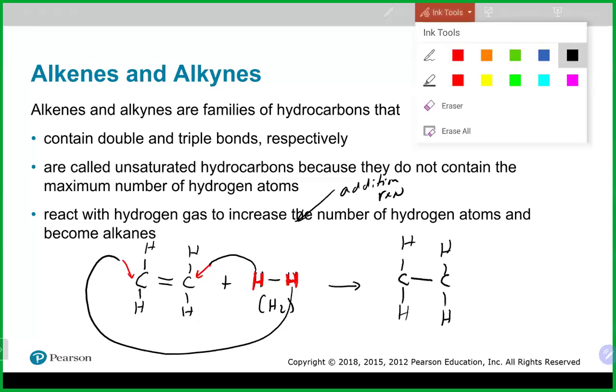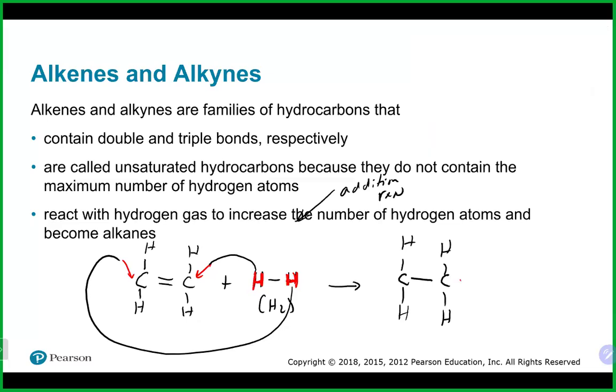Now we have room without going over our bonds, and we basically pop it back on. This is what is known as a hydrogenation reaction. And we go from an alkene to an alkane, single bonded. So we become more saturated here, unsaturated to saturated. That is an important reaction that alkenes do.